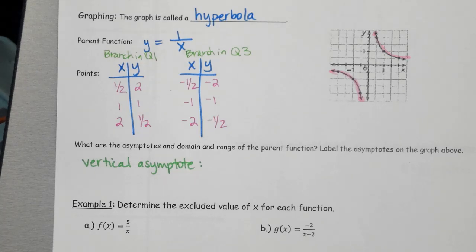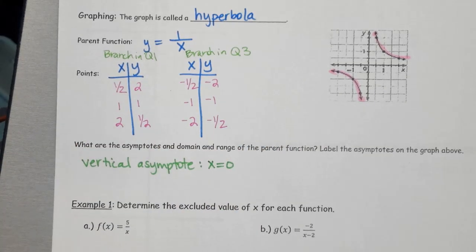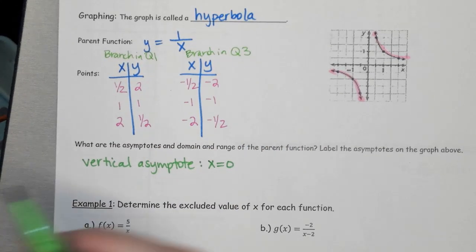The value there would be x equals 0. If you set the denominator equal to 0, that's your vertical asymptote.